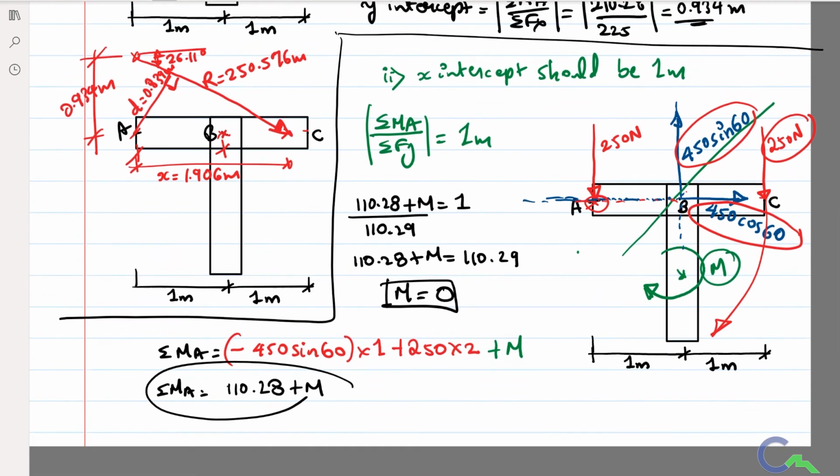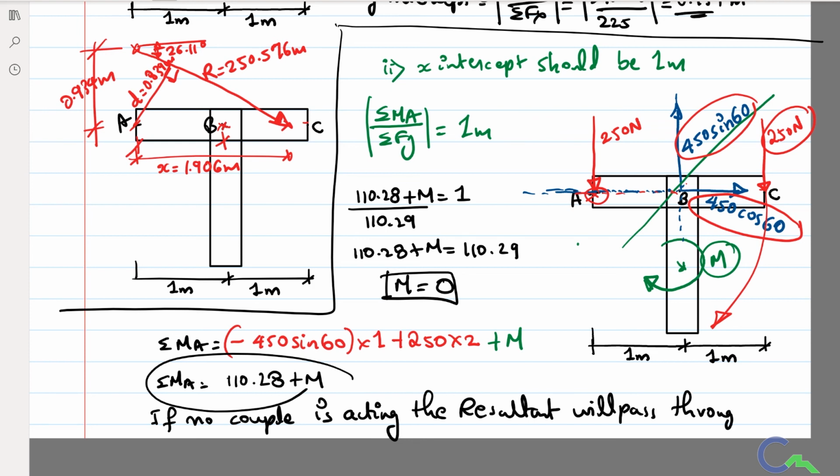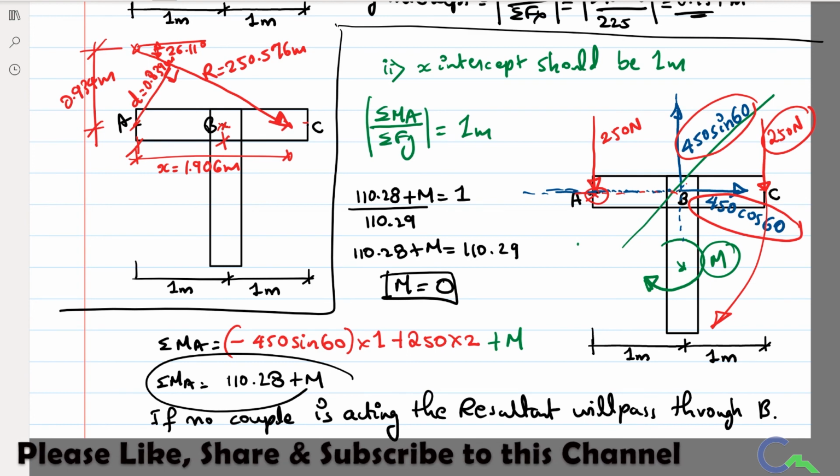That means if no couple is acting, then resultant will pass through B. So if no couple is acting, resultant will pass through B. That is the second part of the question.